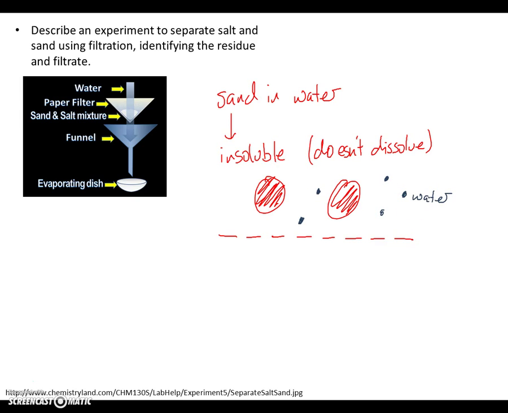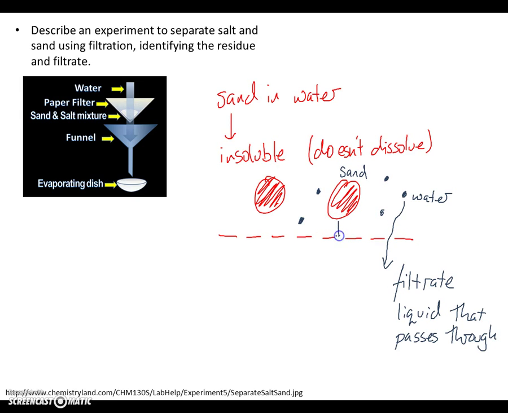The water particles can get through the small gaps in the filter paper, so they become the filtrate. That's the liquid that passes through. And the sand particles here are too large, and so they can't get through, and so they become the residue.